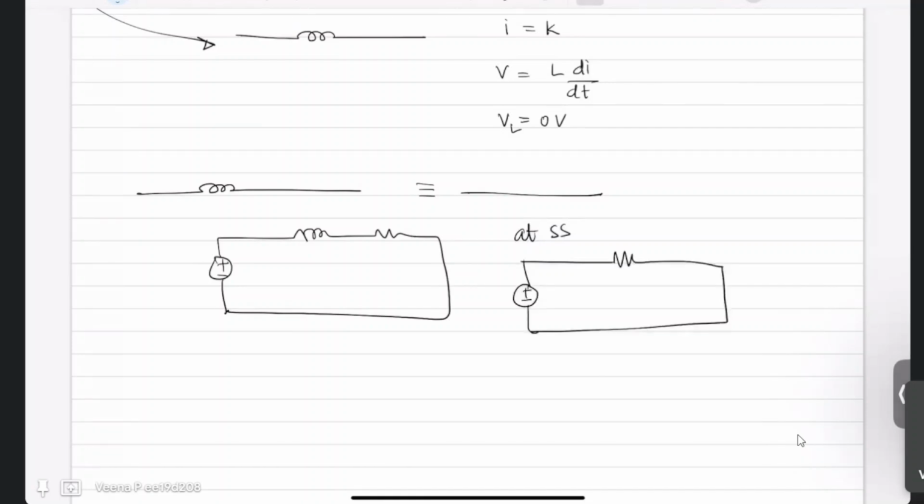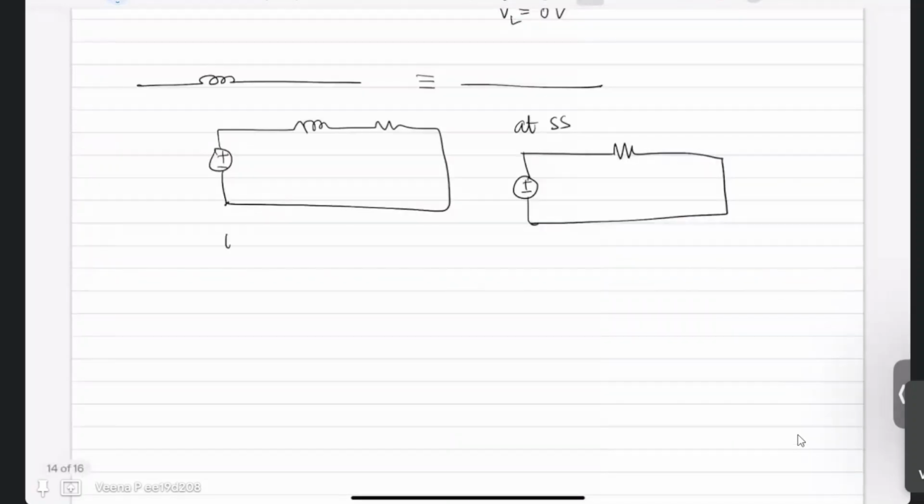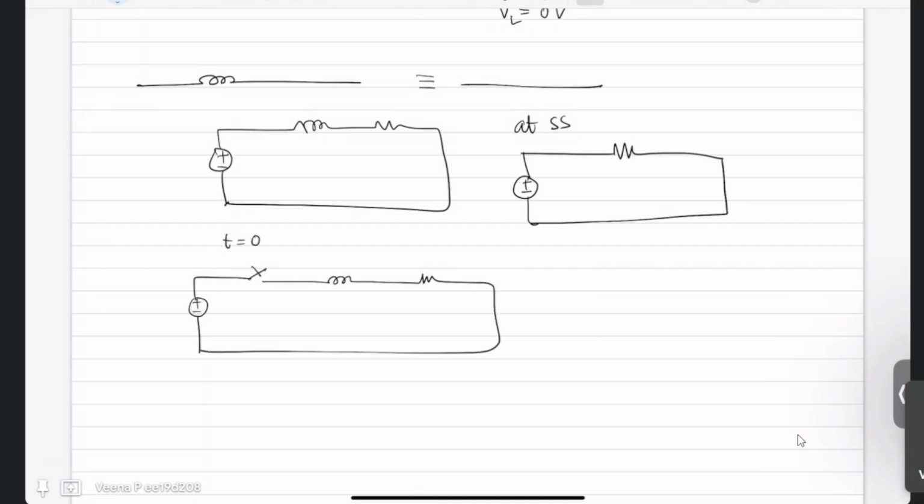Now if this is the case, at t equal to 0, you are making a connection to an RL circuit. So at t equal to 0, you are closing the circuit. Now, before t equal to 0, that means when t is less than 0, which is a time span from minus infinity to t, you can divide the time span into one before the switching happens and the other after the switching happens.